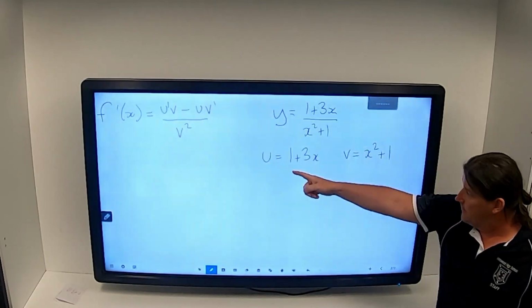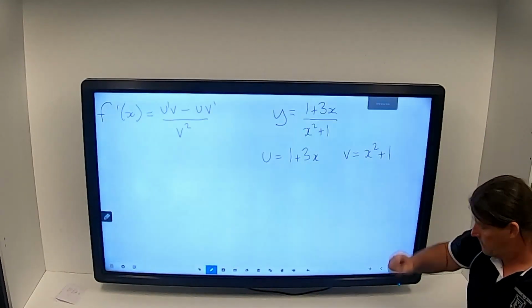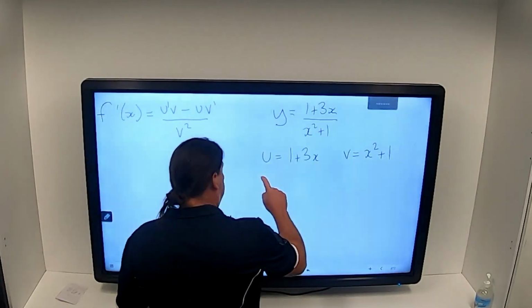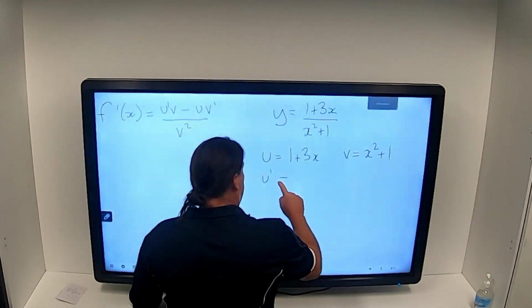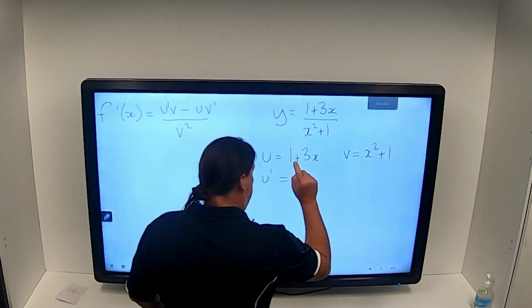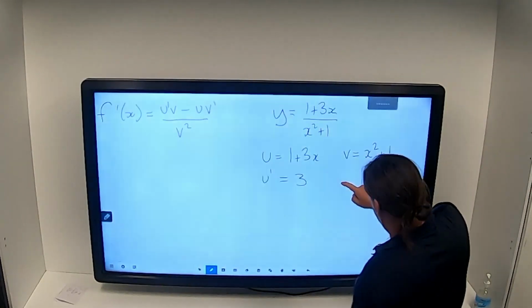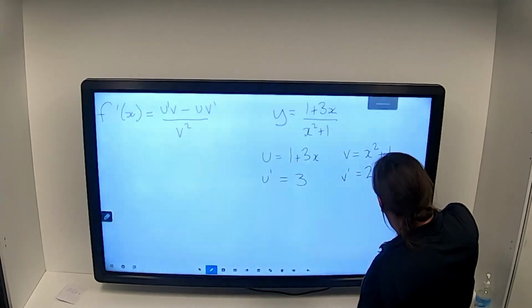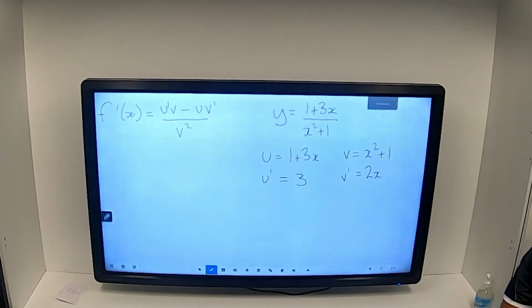And then we find the derivative of each of those one at a time, and we call them u dash and v dash, just like the product rule. So u dash equals, in this case, 3, and v dash, in this case, 2x. Okay?